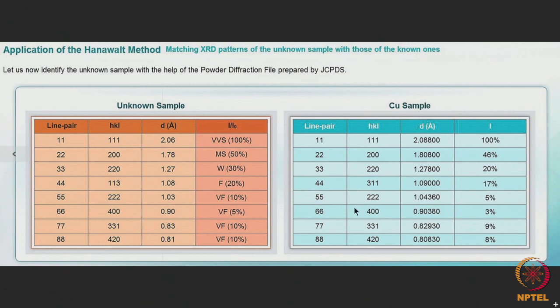So, as you can see here, the HKLs all match, the D's they match to a very great extent, and the relative intensities also match to a very great extent. That shows the unknown sample must be pure copper.